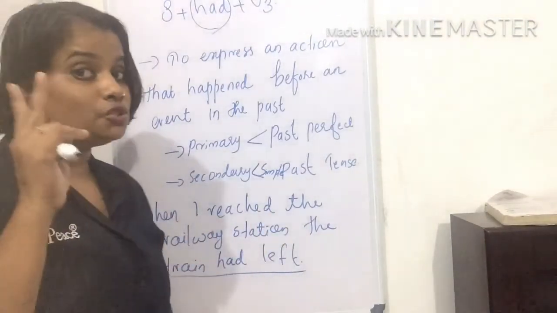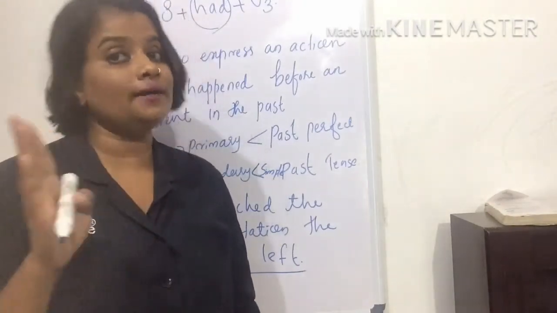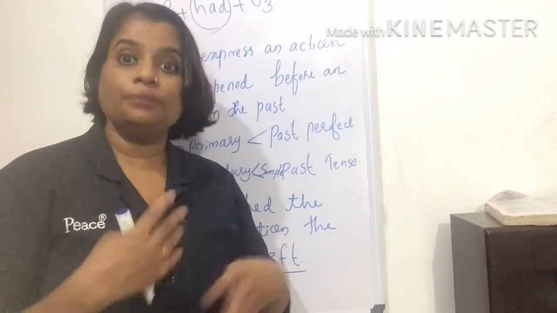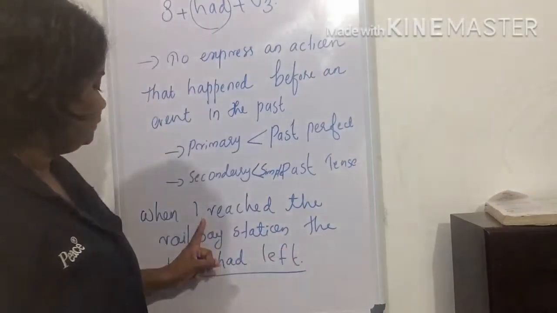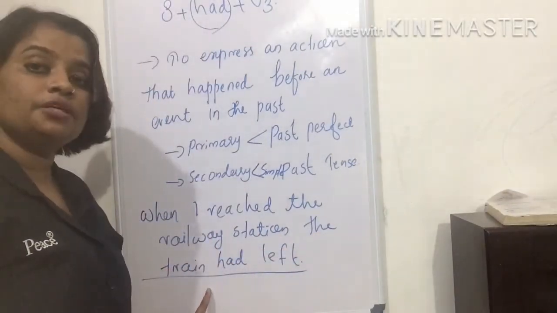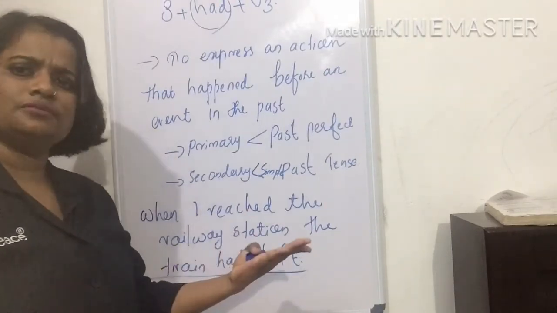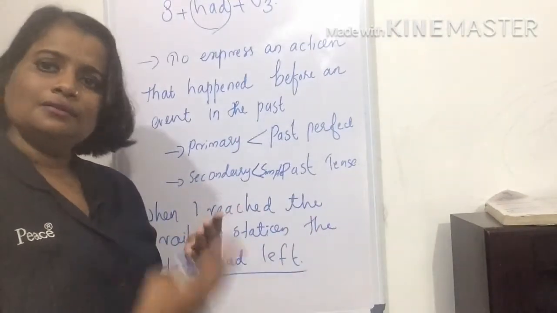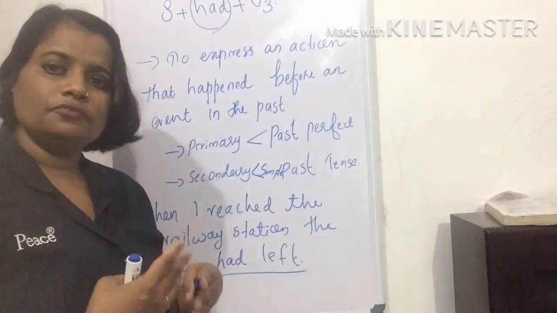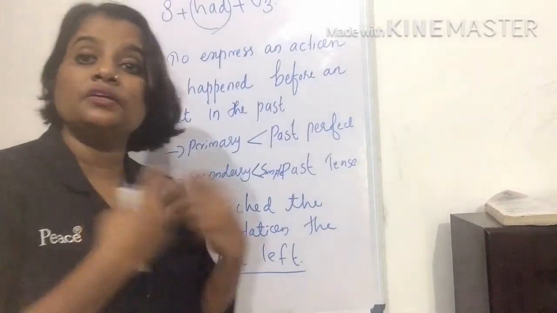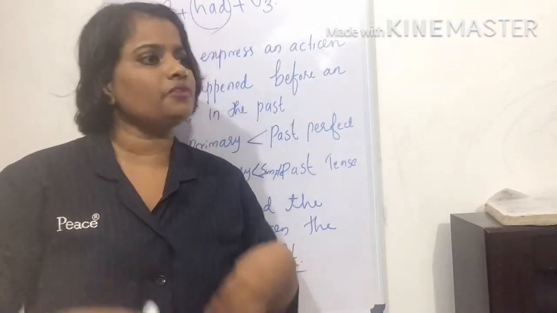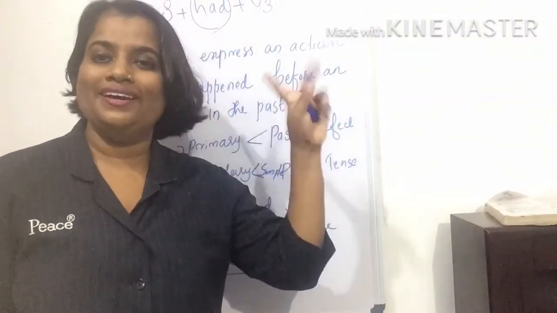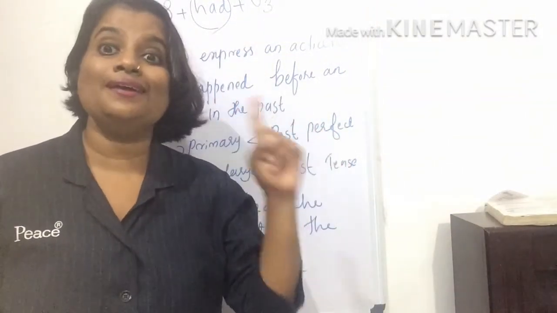We need to look into the two actions, the primary action and the secondary action. Primary action means the action which happened first. In this statement, which action happened first? The train had left. The first action is the train had left. Only after the train had left did I reach the railway station, because when I reached the railway station, I didn't see the train because it had gone. It had gone or it had left.